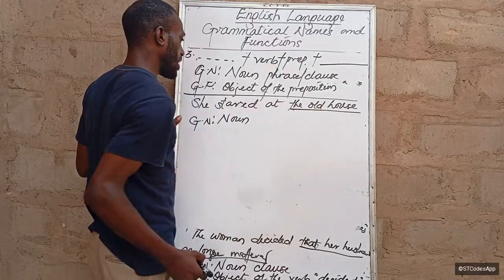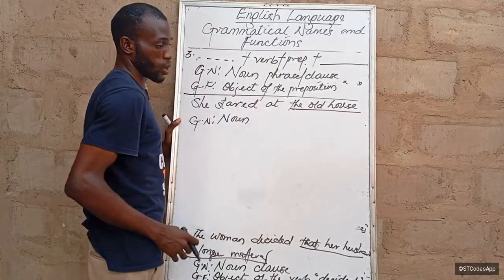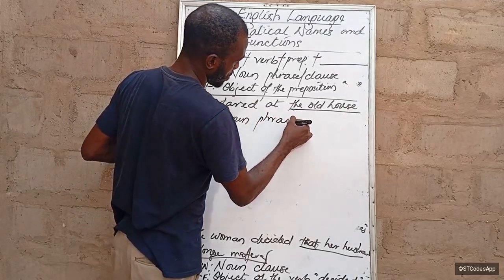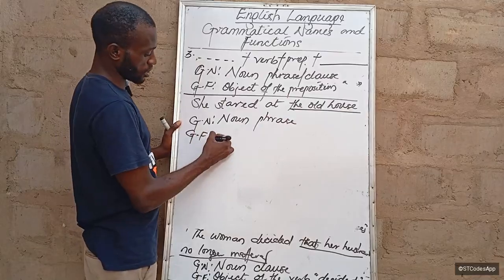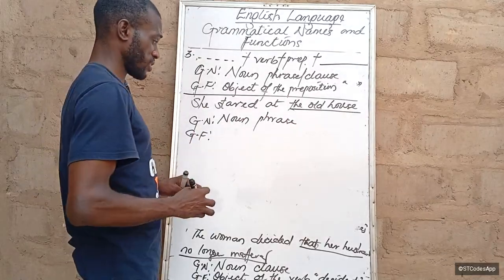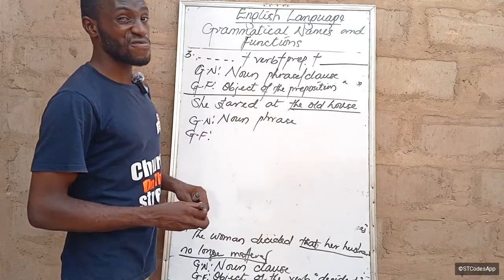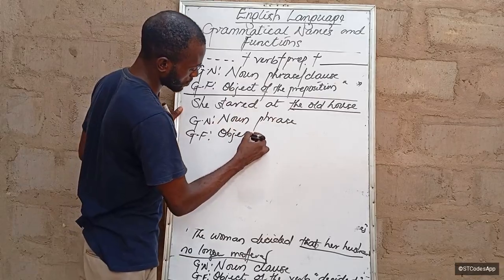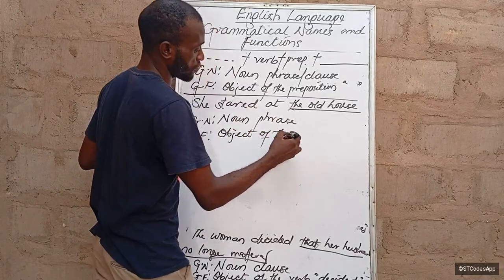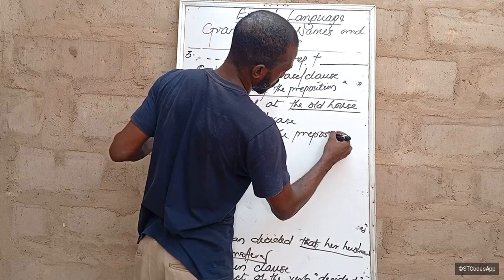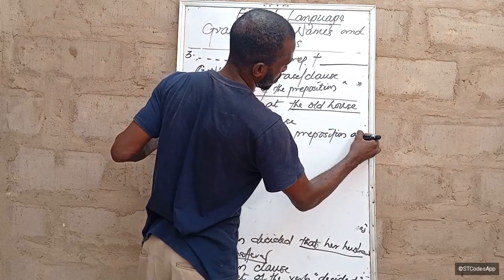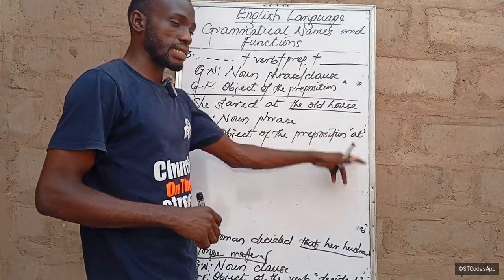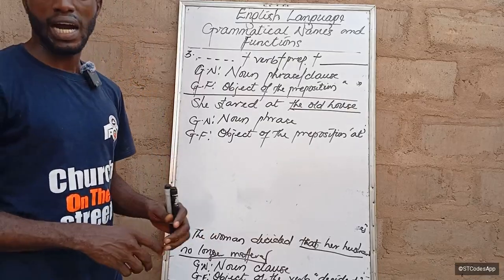Check: is there a verb in this 3-word structure? No. There is no verb, so it's going to be a phrase. Then for the grammatical function, because it is coming after a preposition, it's going to be the object of the preposition. Which preposition is that here? At. The preposition is given, so that's going to be at. And that will be our answer.